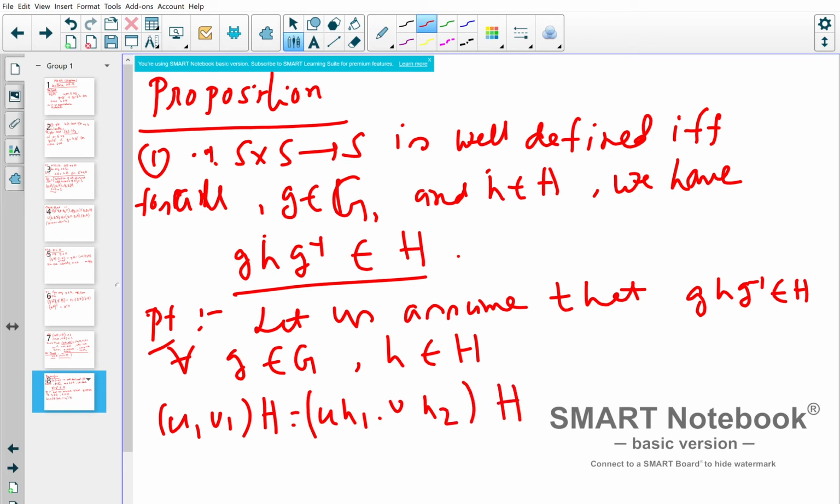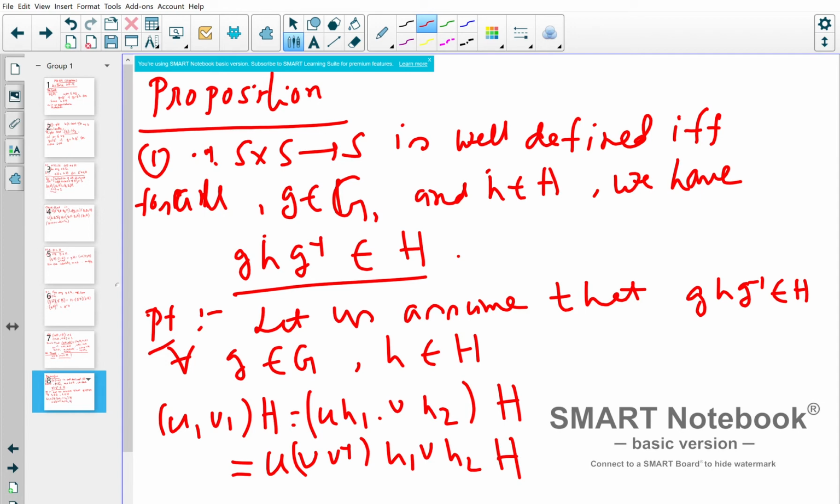So I just choose the values of U1 and V1 by UH1, VH2, because you know that U1 belongs to UH, so it will be of this form. Now this I can write down as UV and then V inverse. Okay, so let me insert this part here, and then H1 V H2 of H, capital H.